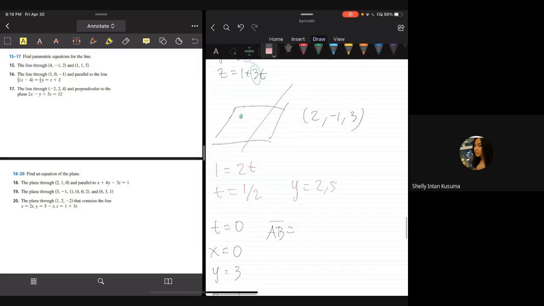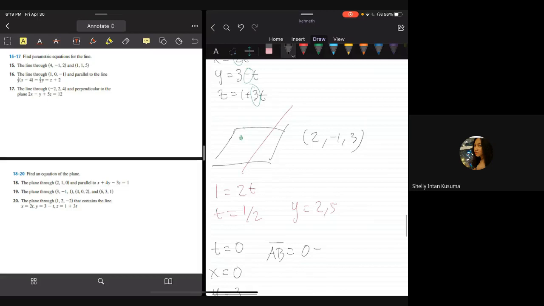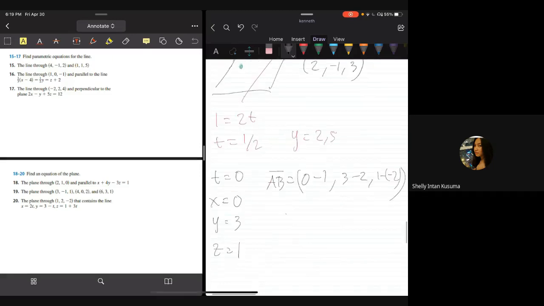So 0 minus 1, 3 minus 2, 1 minus 2, and get the vector of -1, 1, and 3.